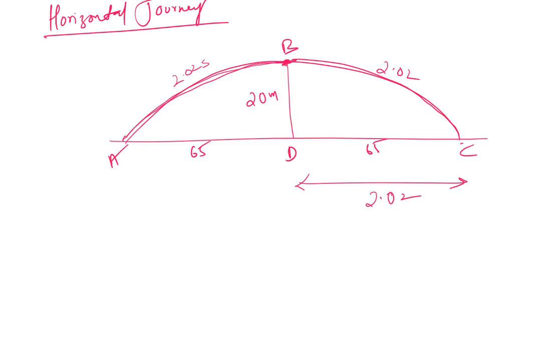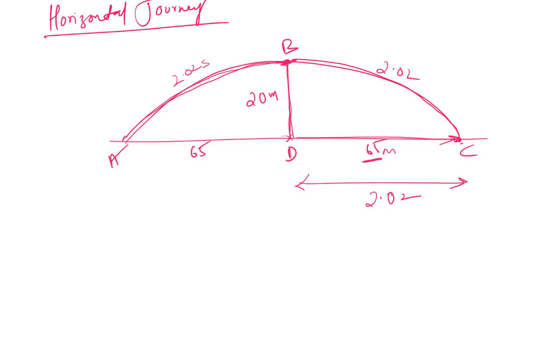That means from the height of 20 meters, right? Because when the ball hits C, what has it accomplished? From B to C, it has accomplished 65 meters in the horizontal direction, and it has also accomplished 20 meters in the vertical direction.